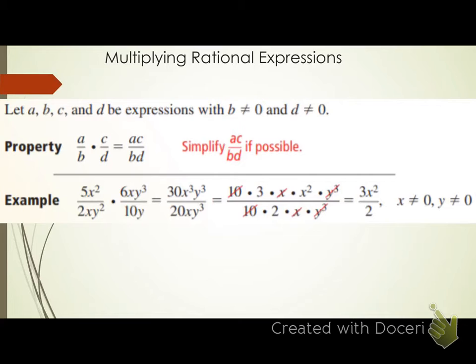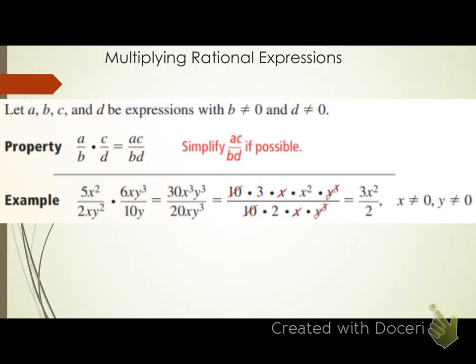2 times 10 gives me 20. The x just comes over. Y squared times y gives me y cubed. So I multiplied. Now I reduce. 30 over 20 reduces down to 3 over 2. They're both divisible by 10. I've got 3 x's in the numerator, 1 x in the denominator.